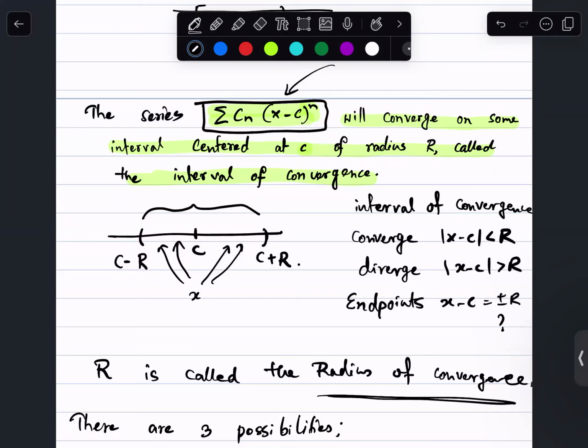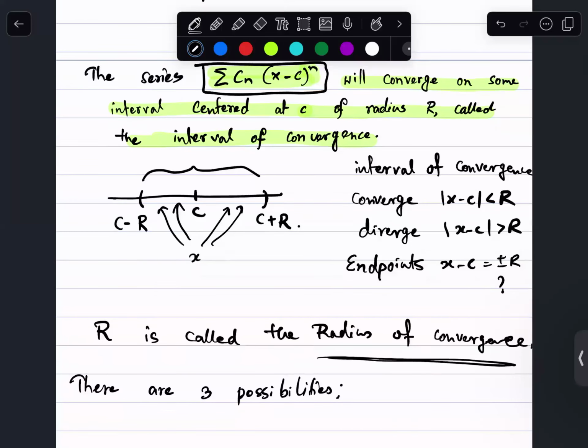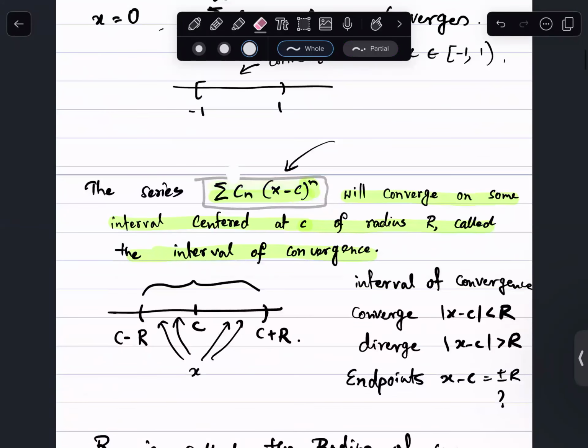Why? Because in that interval, if I choose any X, then the series will converge with respect to that particular X. Okay. I hope things are making a little bit of sense.